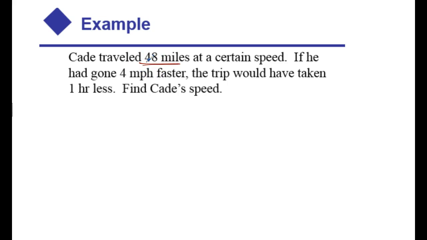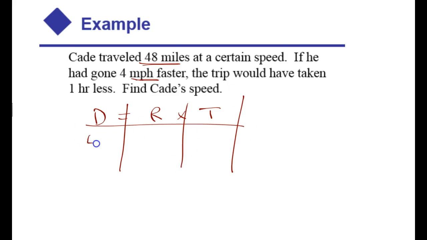He traveled. So whenever I start talking about distance, rate, and time, I usually like to write down distance equals rate times time. And it looks like he's going to travel 48 miles for both scenarios. So this is actually what he did.